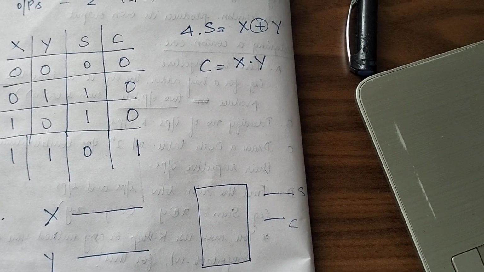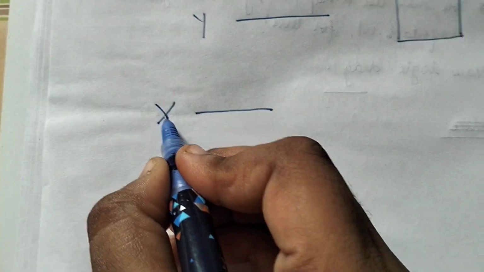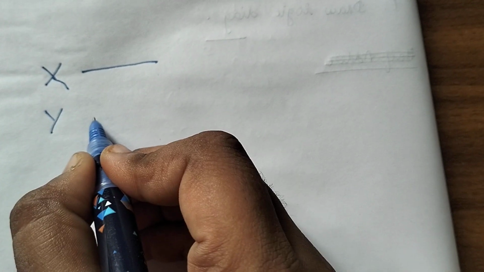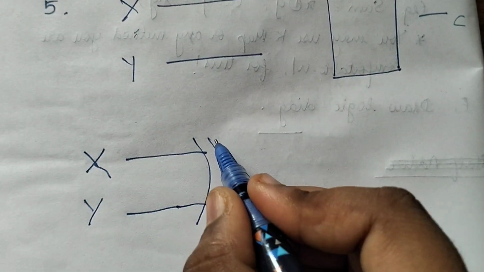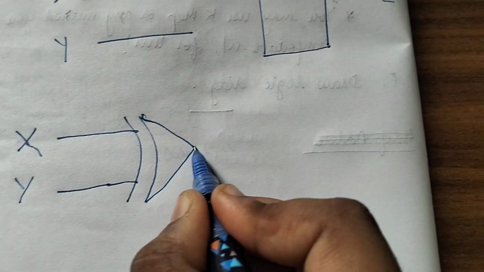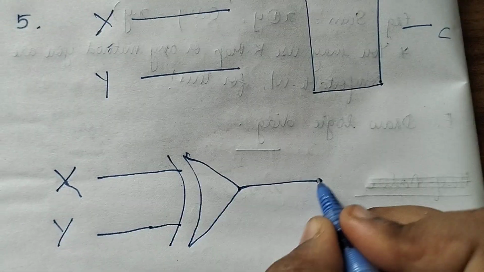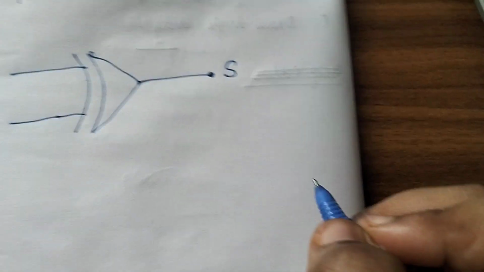So we just saw that S is equal to X XOR Y. So we take X, we take Y, we connect both using an XOR gate, and this is our sum S.